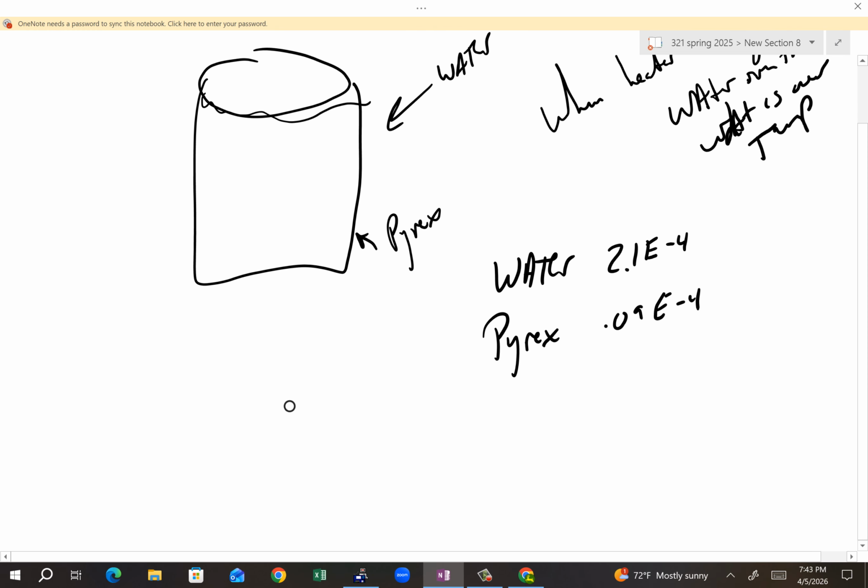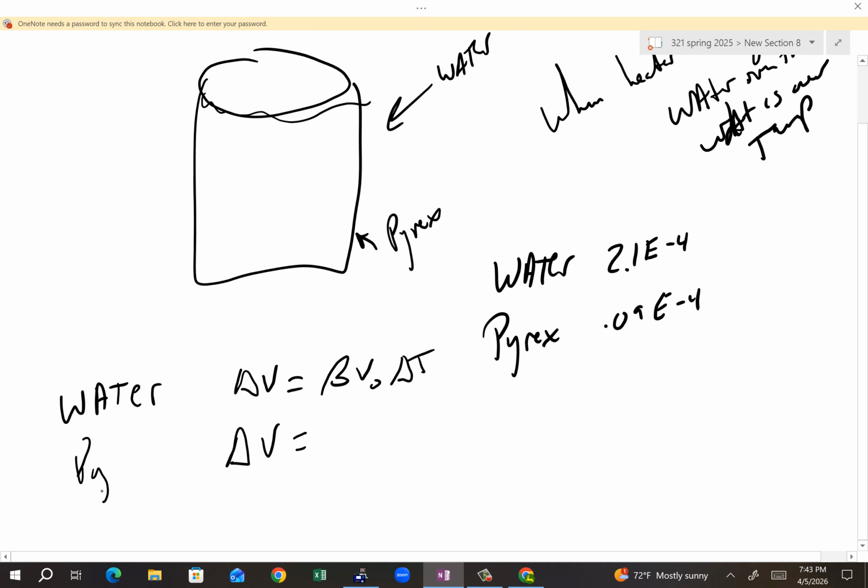Okay? So here's what I know. I had water, so the delta volume of the water was beta times V naught times delta T. And the delta volume for the Pyrex was beta times V naught times delta T.